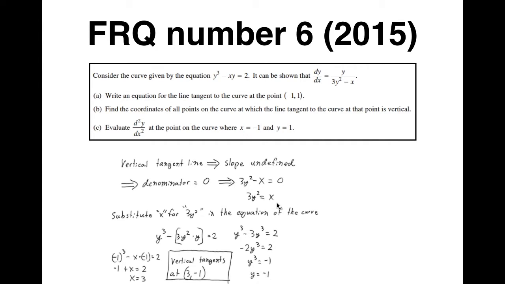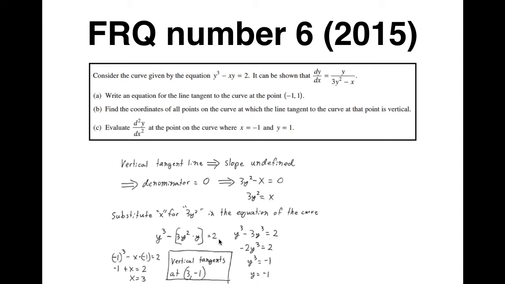We have to find points that are on this curve such that x equals 3y squared. So we have a situation where there's two equations with 2 unknowns, x and y. The student solved for x here, so then he or she can substitute x in the equation for the curve. So the student gets y cubed minus, and then for x, 3y squared times y equals 2, which is written here.